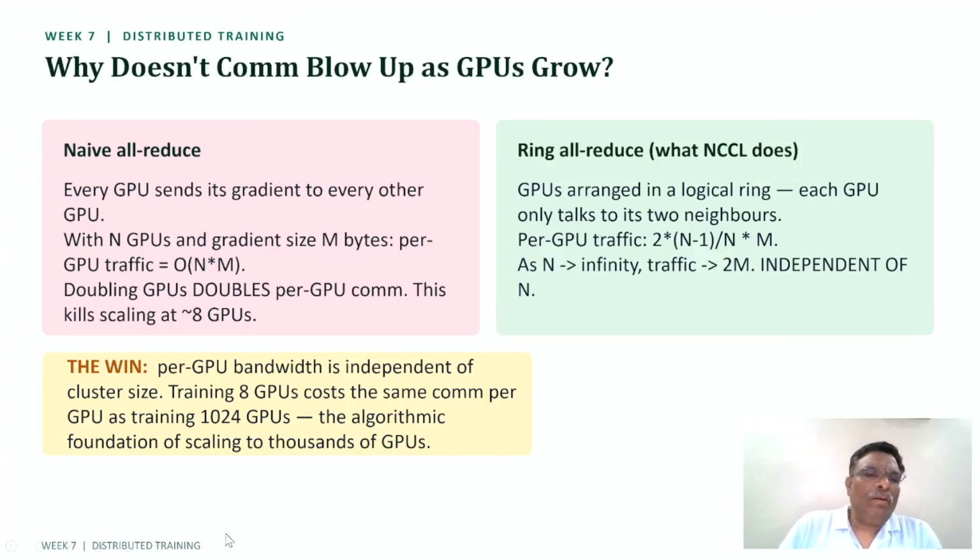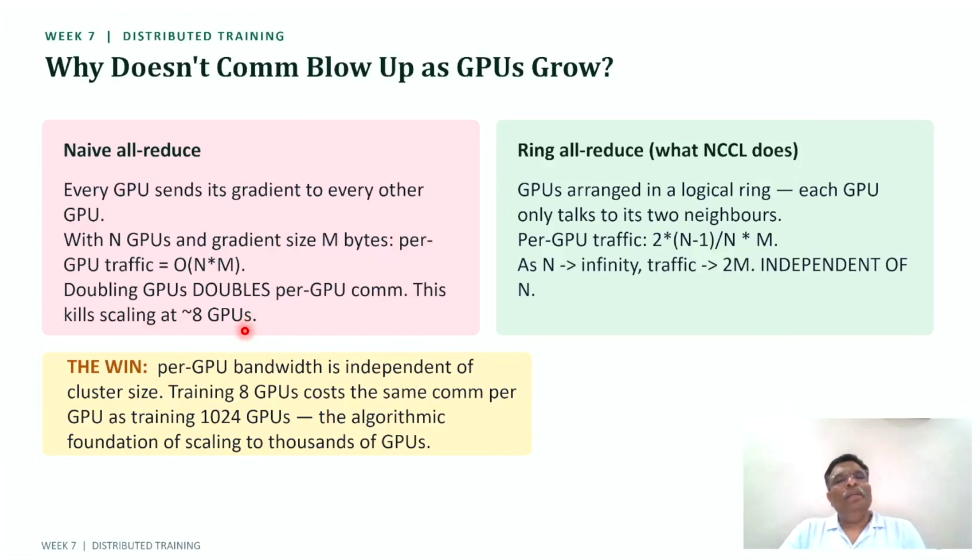In naive all reduce, every GPU sends its gradient to every other GPU, right? So if there are n GPUs and the gradient size is m bytes, the per GPU traffic is big O of n times m.